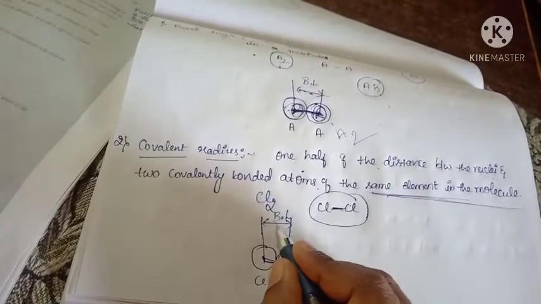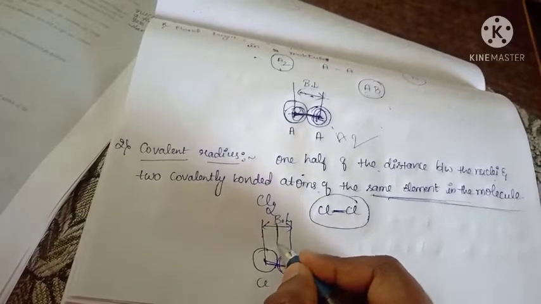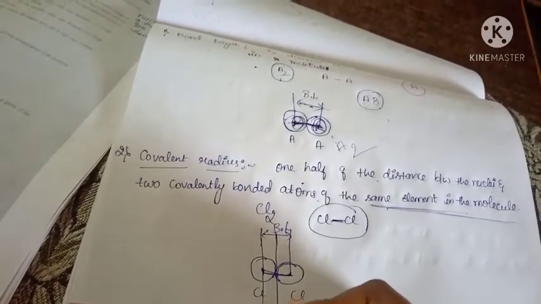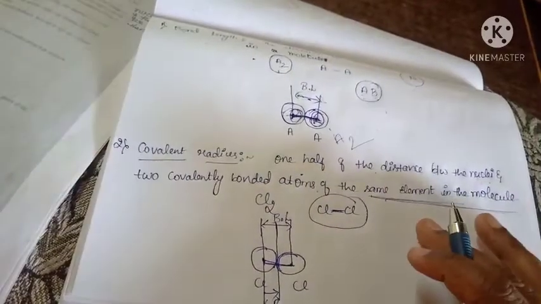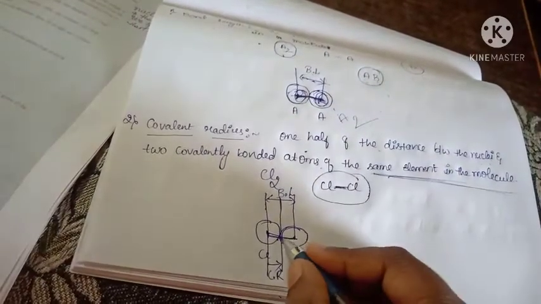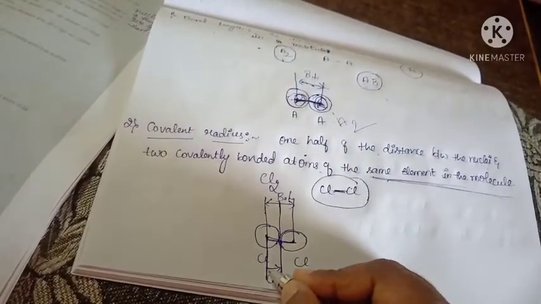Half of the distance is called the covalent radius.